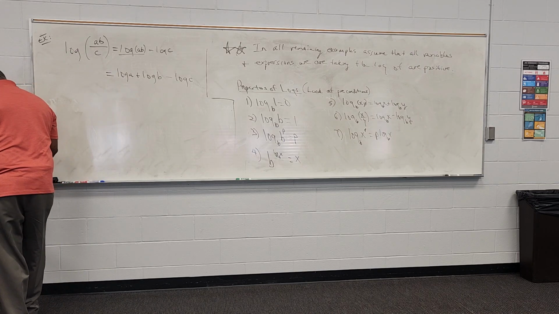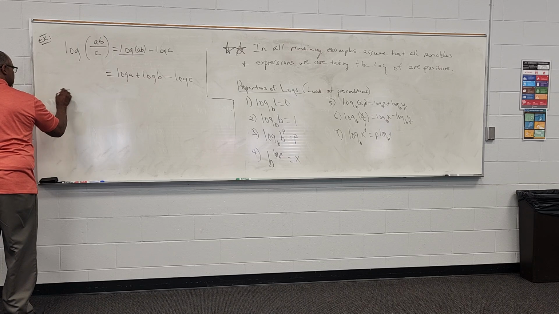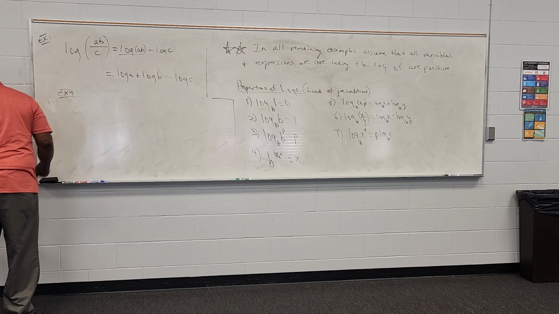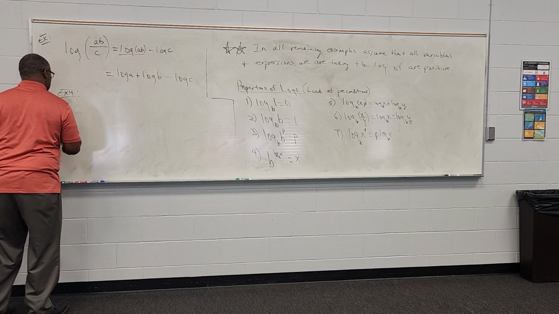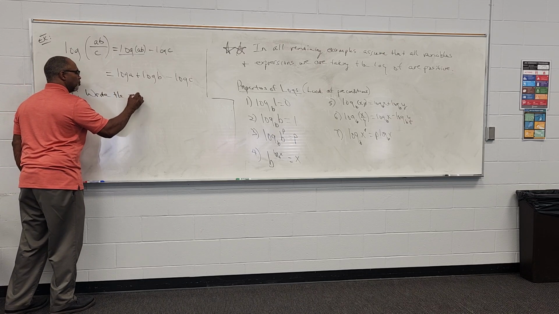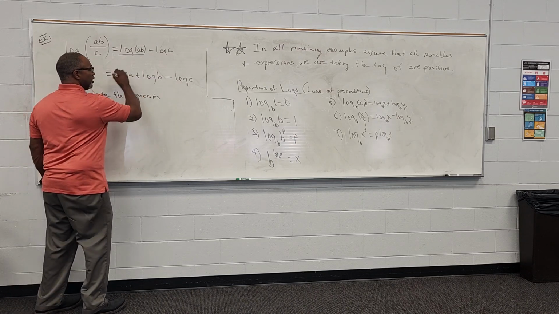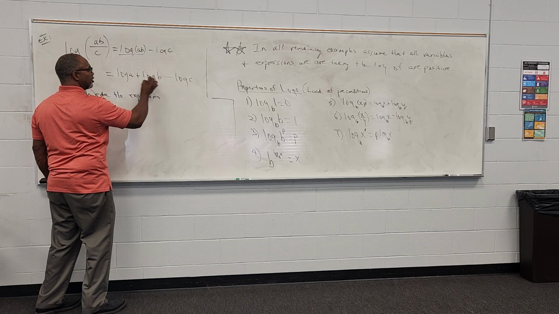Okay? You can read the rest. Let's do example 4. Example 4 says write the expression as the sum or difference of logs. And one thing I should mention, if you started out with this piece, I could reverse the process.